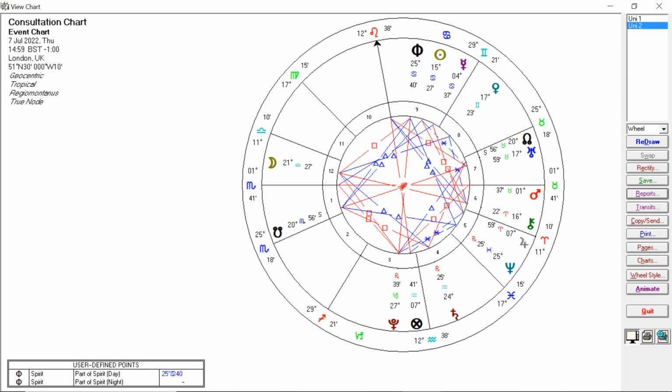From 1 degree of Taurus, it only completed the square at 22. So I thought, well, possibly we might get 20 years out of this person, or 20 months. But actually, I think she passed away in less than that, a lot less than that.